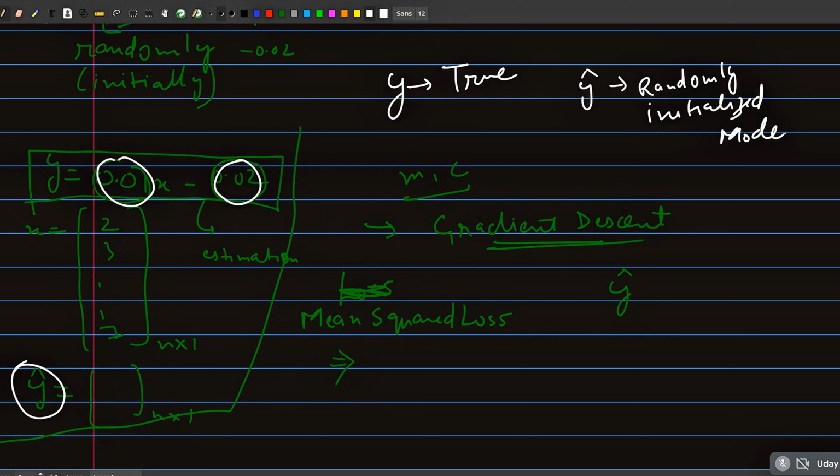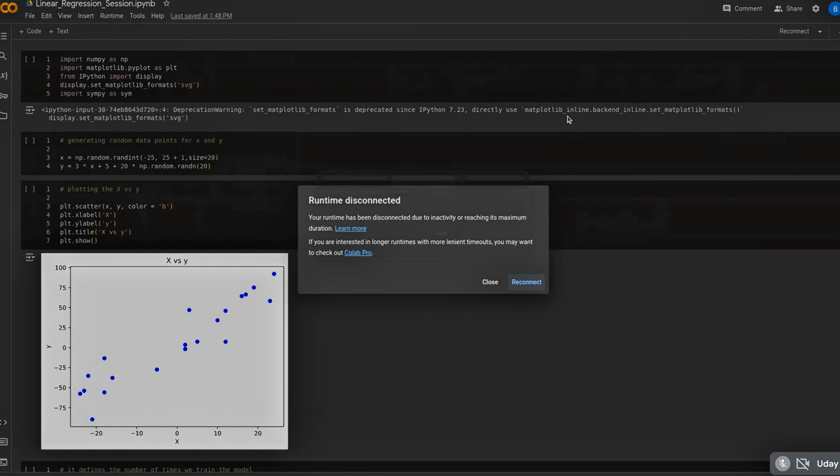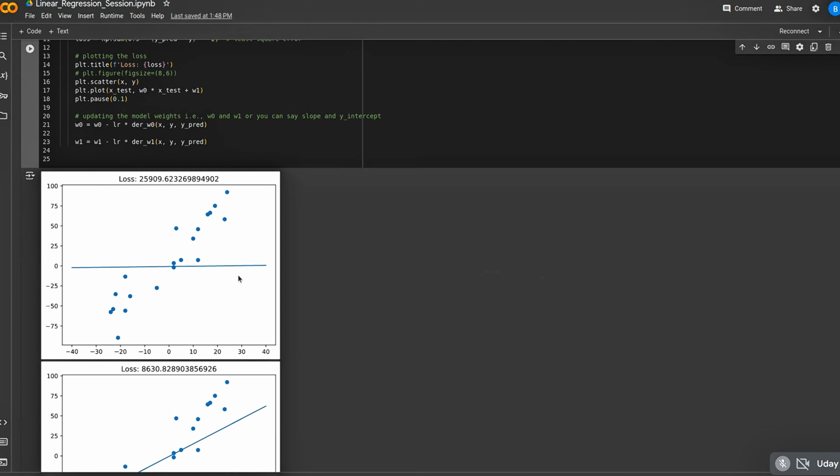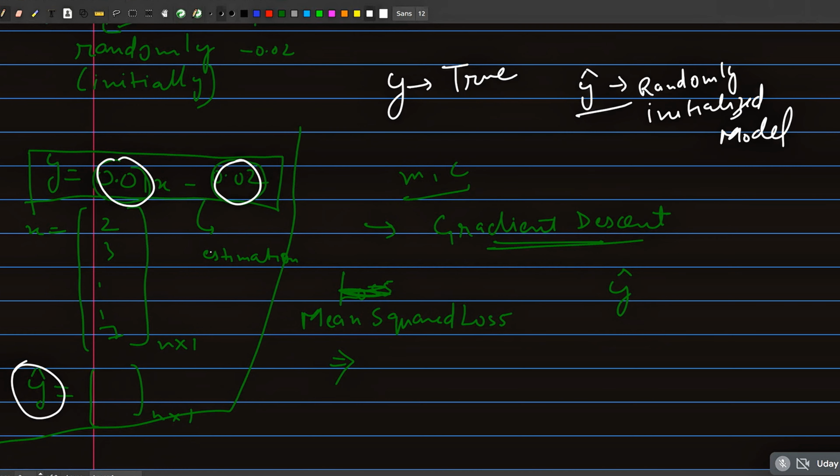So we know that this was not correct because we saw in this graph that yes, it was not coming exactly correct. Okay, so we need to find the difference.